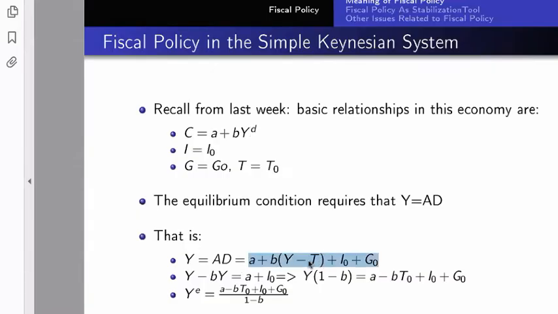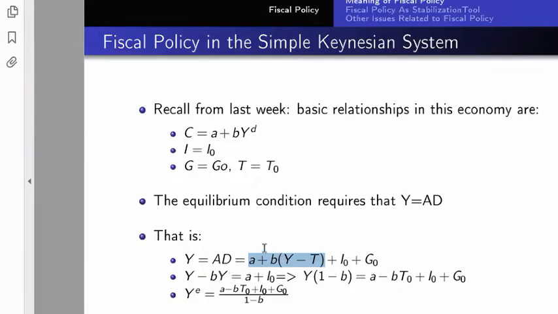A plus b into bracket Y minus T. Then this is I, and then this is G. So we can expand this. When we expand it, we get a plus bY minus bT. But we send the bY to the left-hand side.